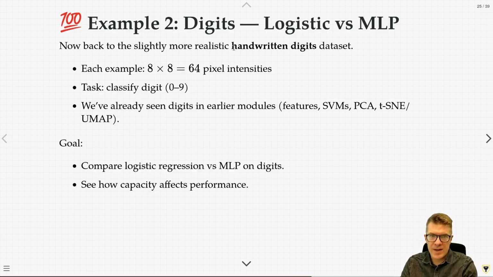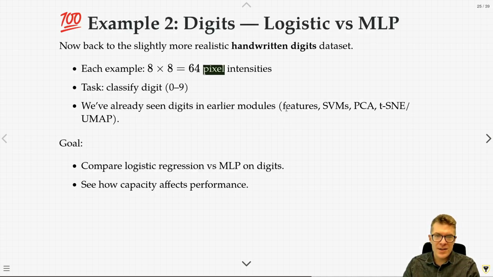Example 2 is this. The 2 moons is a fictional synthetic data set. The handwritten digits data set is real data from real humans writing digits. Every example was an 8x8 grid of pixels. These are 64 pixel intensities in which we're trying to classify different digits.